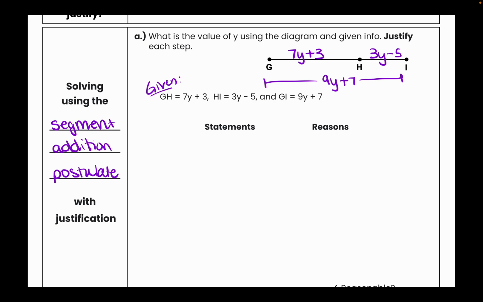From our picture, we know that GH plus HI equals GI. And the reason: segment addition postulate.